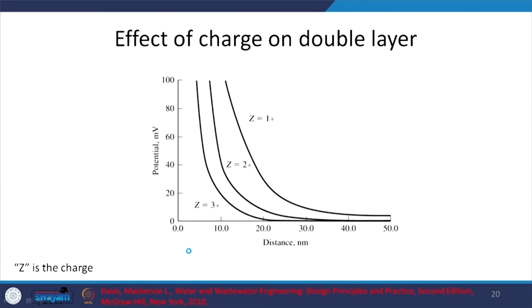Let's look at the effect of charge on the double layer. Say I am adding NaCl, and for Z of 3 plus, say FeCl3, meaning I am adding Fe3+. With Z at 1 plus, at the same concentration, this is the profile, but with increasing charge, you see that it is something like this. Visually you might not be able to capture the information, but I believe we have a table and we will look at that.